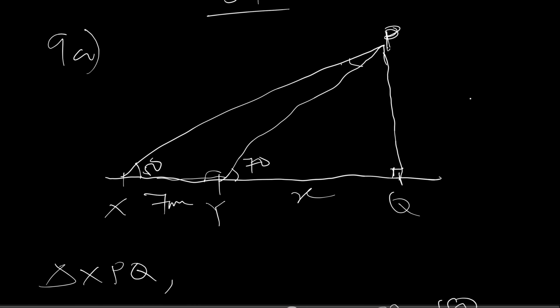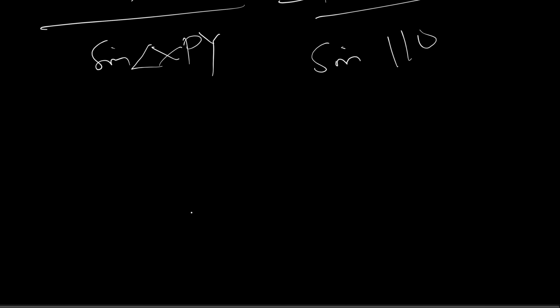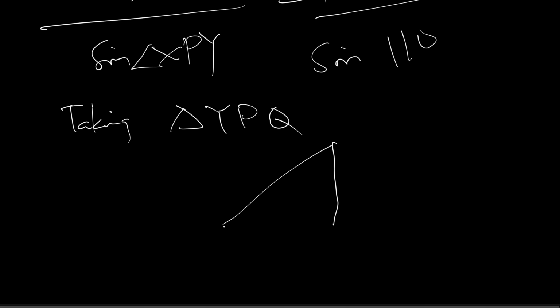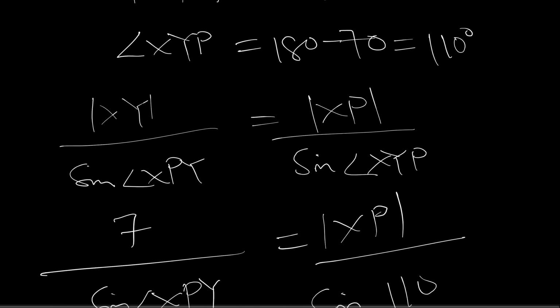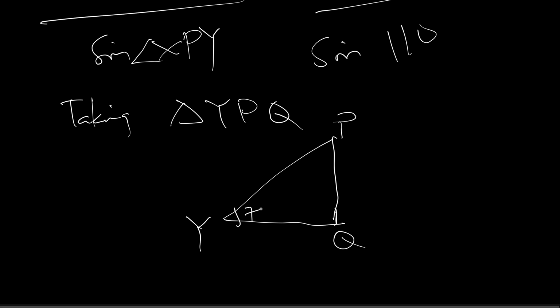So let's take triangle YPQ. Taking triangle YPQ, we have this. This is Q, this is P, and this is Y. And our angle here is 70, the angle here is 90, so the angle here, let's say, is x.